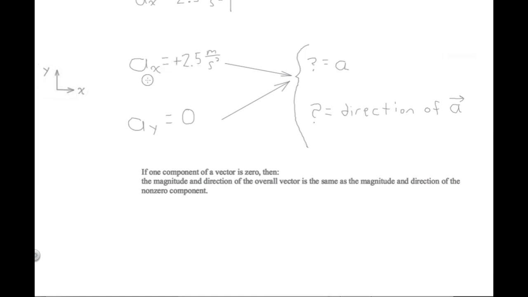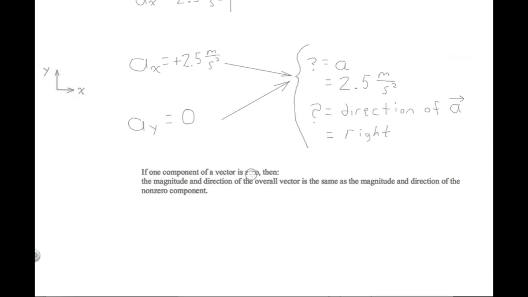So the magnitude of our x component was 2.5 meters per second squared. Therefore, the magnitude of the overall vector will be 2.5 meters per second squared. The direction of the x component was in the positive x direction, which was to the right, and therefore the direction of our overall vector will be to the right.